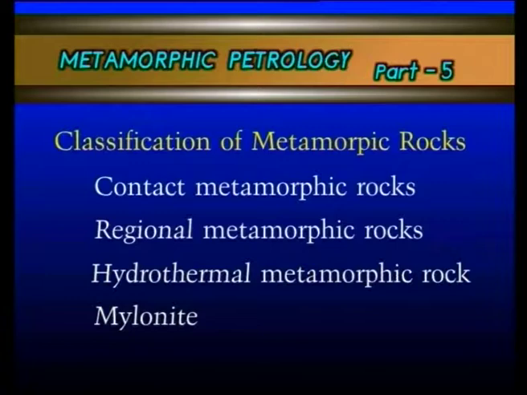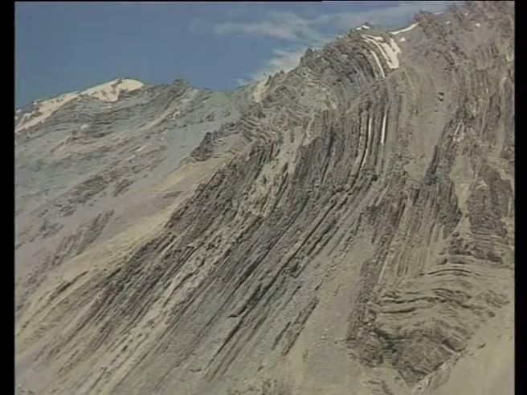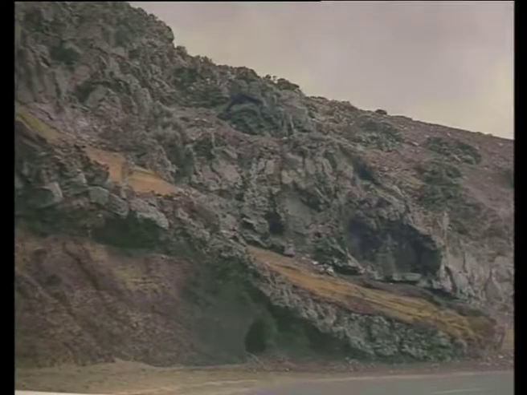If we take contact metamorphism, normally in this case the intrusive rock is very important, and the country rock may be sedimentary, igneous or metamorphic itself. Whatever different zones or aureoles are developed, in other words the different types of metamorphic rocks, all depend upon the type of intrusion as well as the host rock in which the intrusion took place.